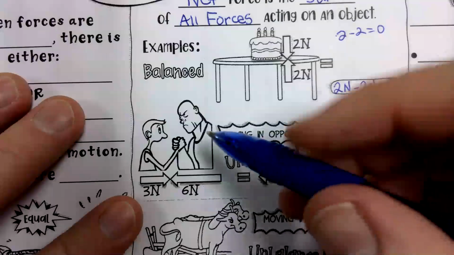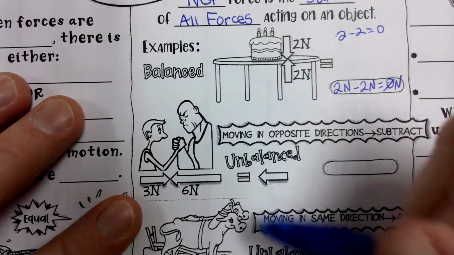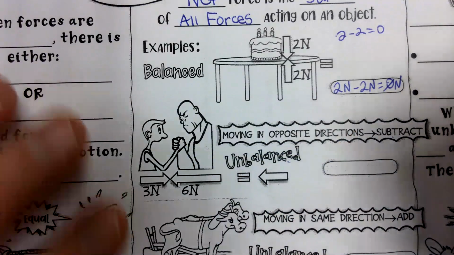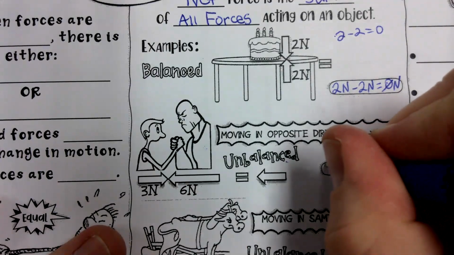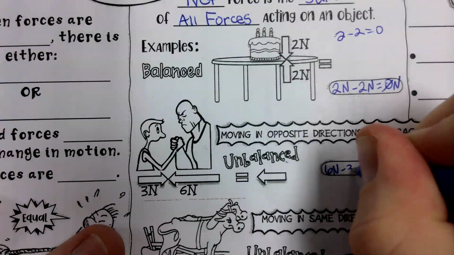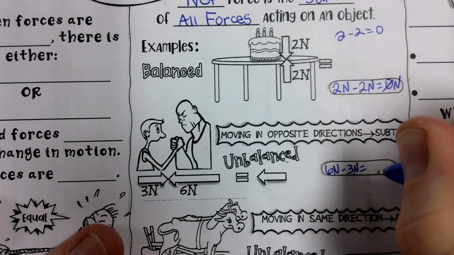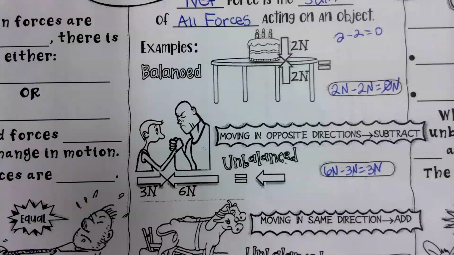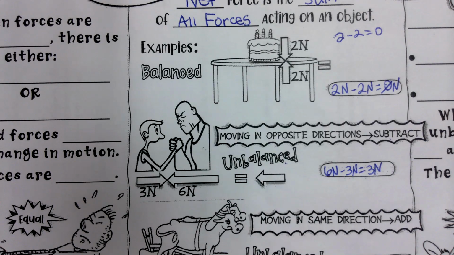You know this person is pushing with more force, so it's going to be unbalanced. In other words, these hands are going to move. So we just do 6 newtons minus 3 newtons equals 3 newtons. And that's how you calculate the net force.